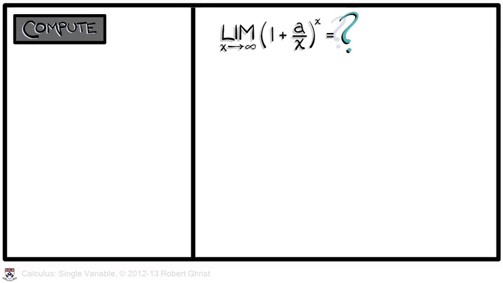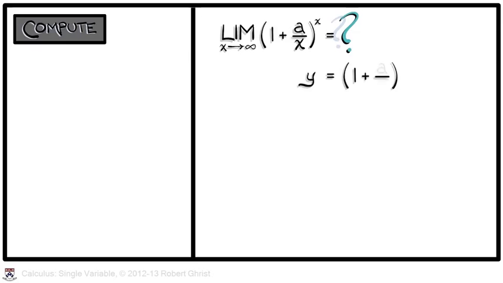And note the difficulty implicit here. x is going to infinity, so the term within the parentheses is going to 1, but you're raising this to higher and higher powers. You might be tempted to say that this limit is 1 to the infinity, which seems like it ought to be 1, but that is not applicable. Let's see what that limit is.